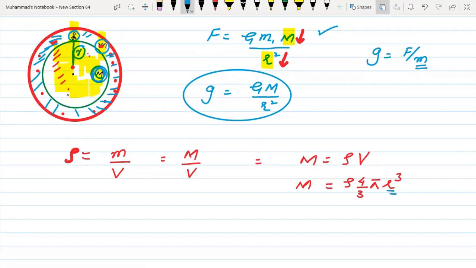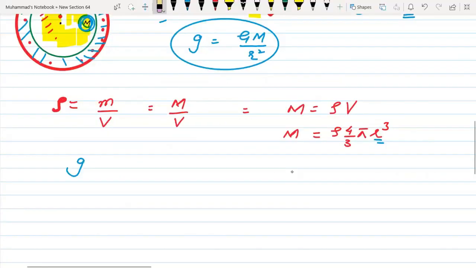So I was doing this. I'm sorry, my screen stuck. So g is, I will put the value of m from this equation over here. So I will get G 4 by 3 pi rho r cube over r square.